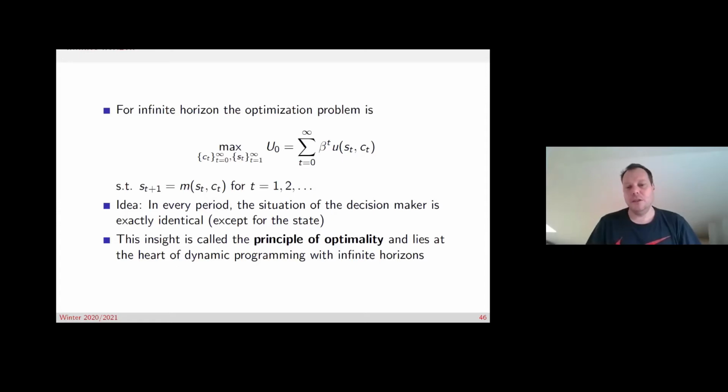Okay, so this is the general idea, and the plan for today is, I just want to talk briefly about the intuition behind this principle of optimality, and I want to talk a little bit about the challenges that you might face then in finding the optimal path, and how a solution in finding the optimal path could look like, and why then this principle of optimality is very helpful.